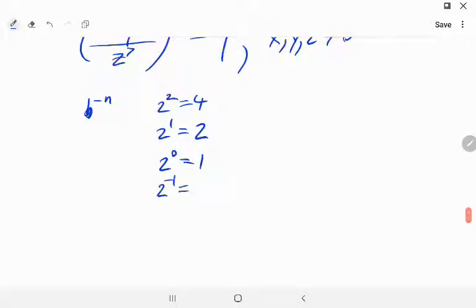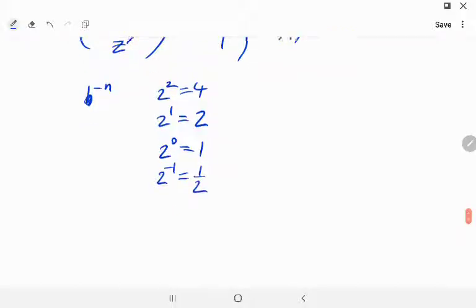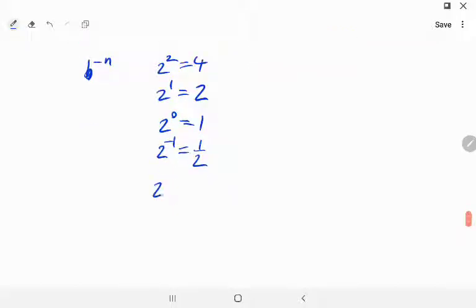As we go down 1 in exponent, we are dividing by 2 each time, we should get 1/2. And if we said 2 to the negative 2, we would get 1 divided by 4. And so it turns out that b to the negative n is the same thing as 1 divided by b to the positive n. And this winds up being very helpful.